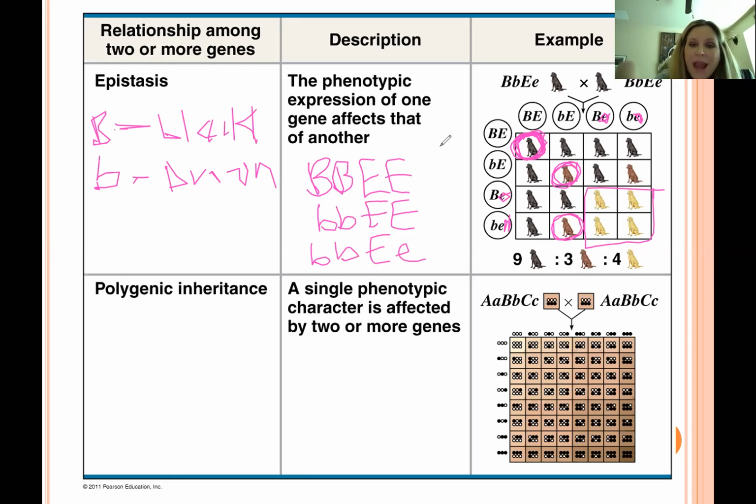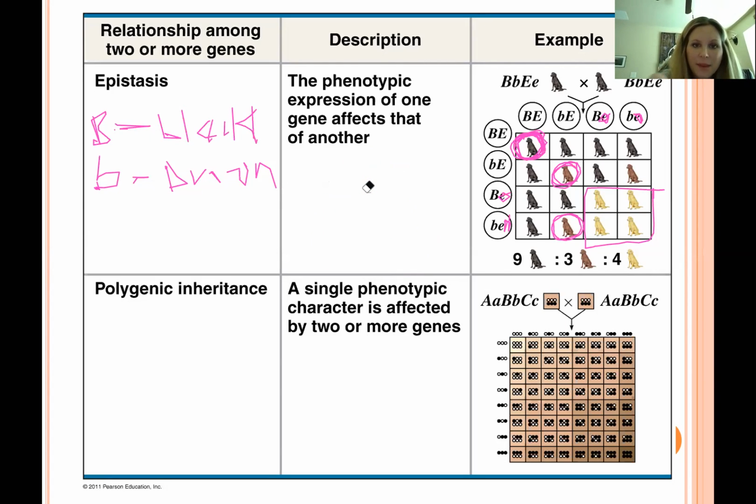So do you see, as long as the E is dominant, you will either get a black or a brown dog. But if you don't have a dominant E, technically we'd be like, oh yeah, that's a black dog. No, it's not. That's this dog right here.